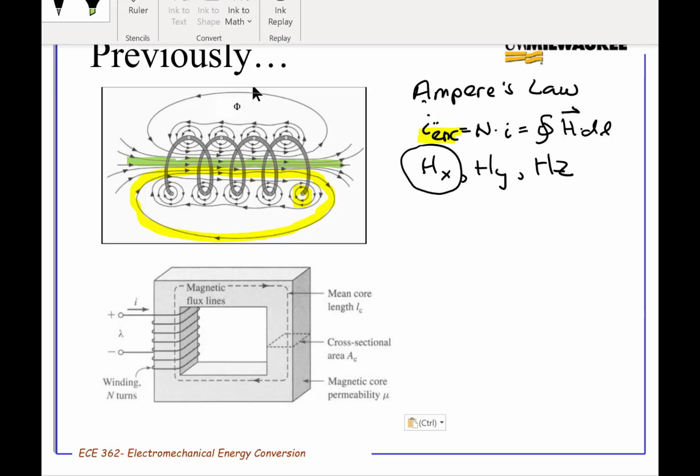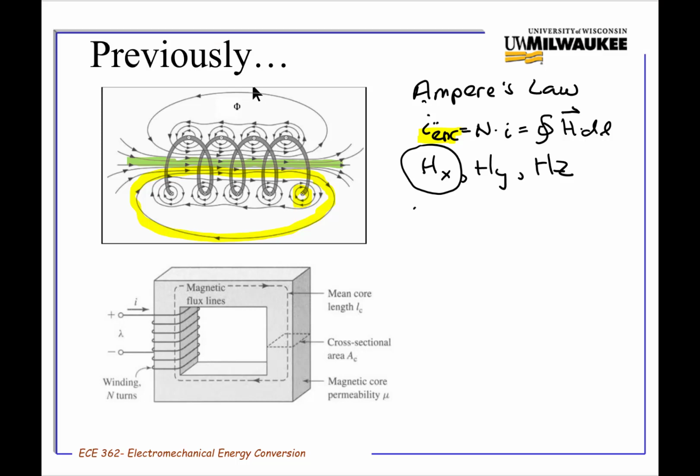But in air, we also found out that we can find another quantity which we call flux density, and that would be B. And often, when you're doing electromagnetics, you also have Bx, By, Bz. But again, we're really only looking at one or the other.